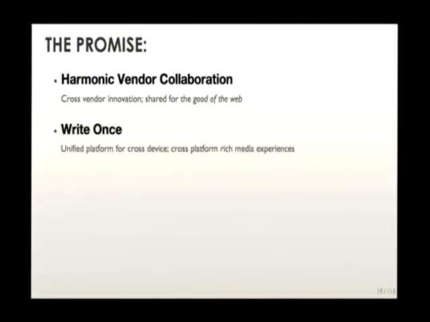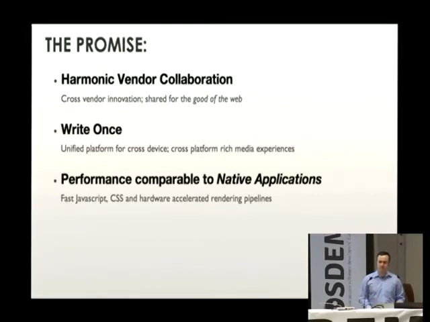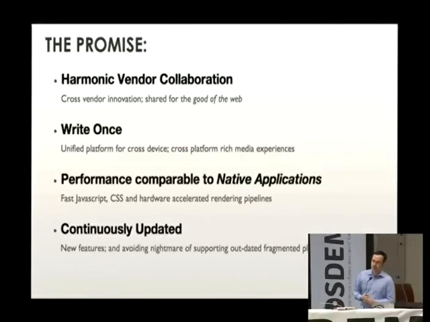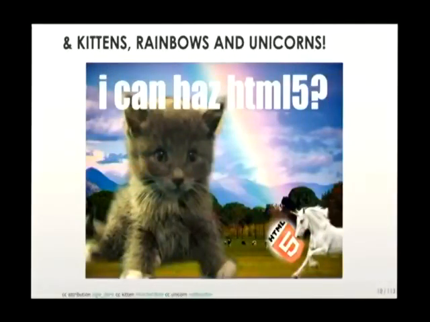Write once, the dream of all programmers, to be able to write once and have it work across the different platform targets that you need to support, with performance comparable to native, or at least mechanisms to get directly at the graphics hardware for resource-intensive tasks, like the CSS hardware accelerated rendering pipelines, and continuously updated. So it was going to be an evolving standard, and we would get the new features of the standard widely distributed. And rainbows, kittens, and unicorns.